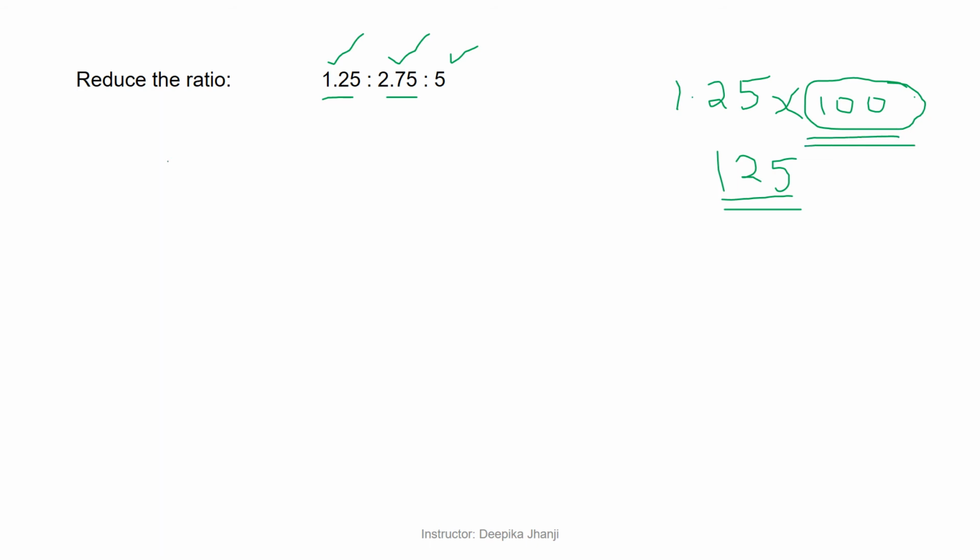So it gives us 1.25 times 100 is to 2.75 times 100 is to 5 times 100. We can multiply or divide each term of the ratio by the same number. The ratio still remains the same.